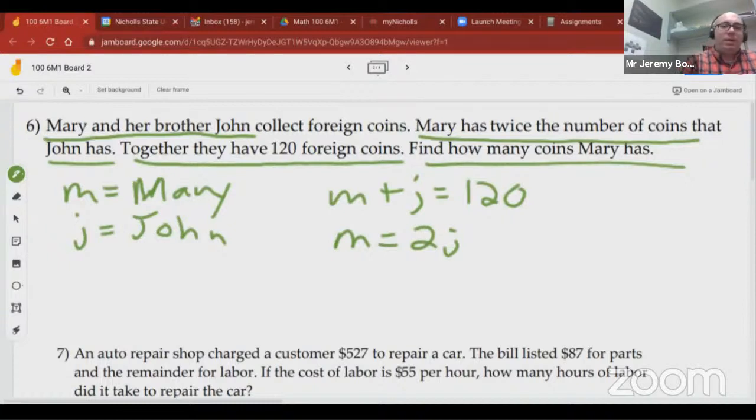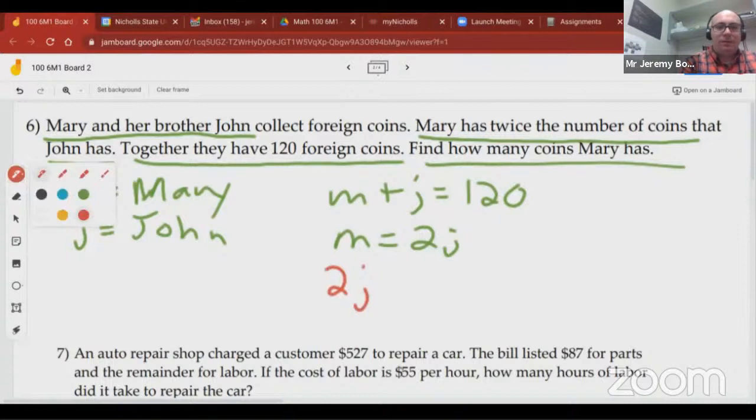So in both these equations we have set up, we have two variables, and thus we can't solve it. When you have an equation with two variables, you can't solve them, but we can combine these together. If we know that M is equal to 2J, I can replace that M with 2J.